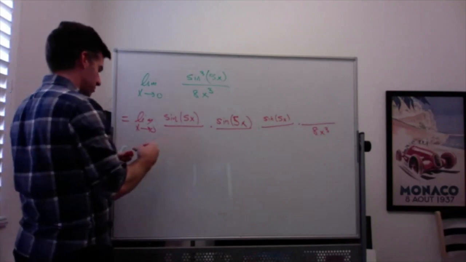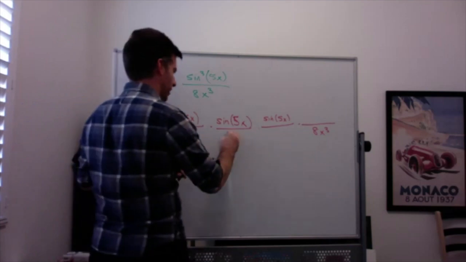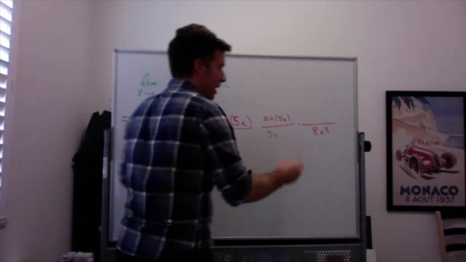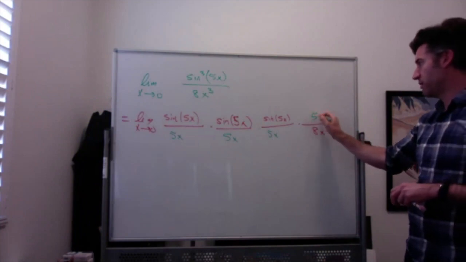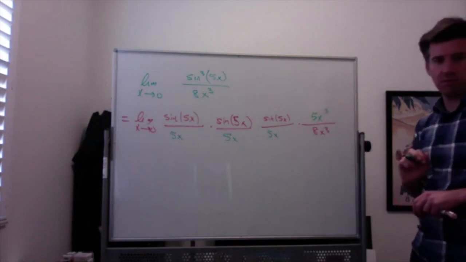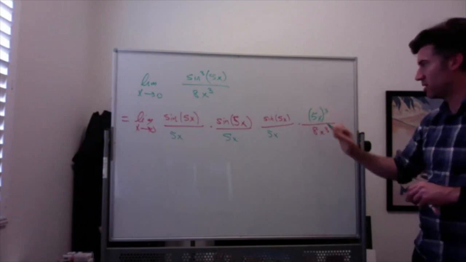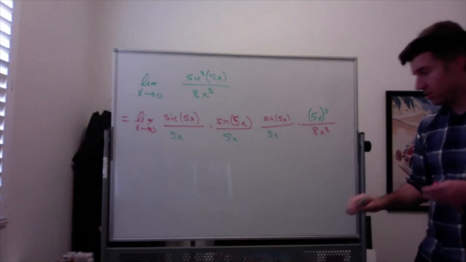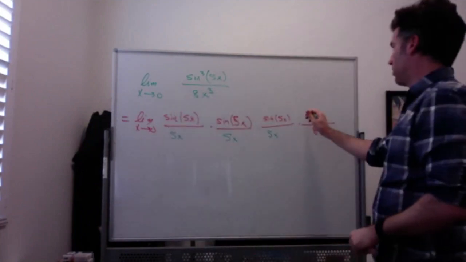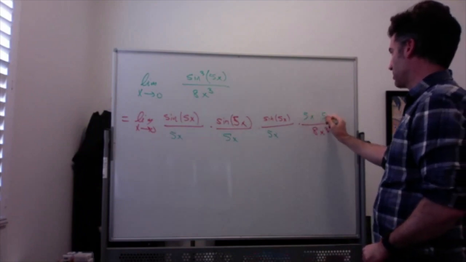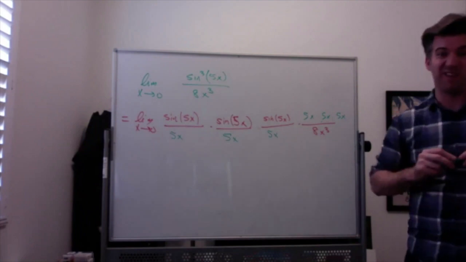So I'm going to put a 5x here, a 5x here, a 5x here. And here's a mistake I've seen people make on occasion. I see people will write 5x cubed, which isn't correct. It's correct if you write 5x quantity cubed, but I would personally just make the choice to write 5x times 5x times 5x. That just is a more sure way of not making an error.